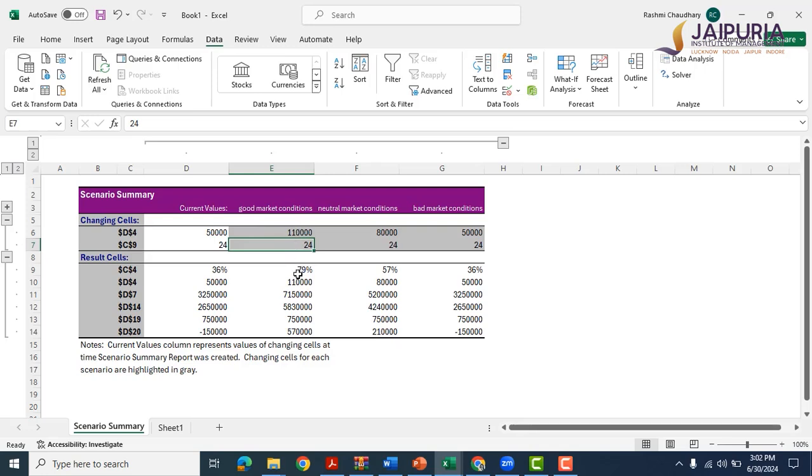In this case, you are utilizing a capacity of 79% when you are selling 1,10,000 units, and you are earning a profit of 5,70,000. When you go to neutral market conditions, you are earning a profitability of 2,10,000, and in the bad market conditions, you are selling 50,000 units and you are incurring a loss of 1,50,000 rupees.